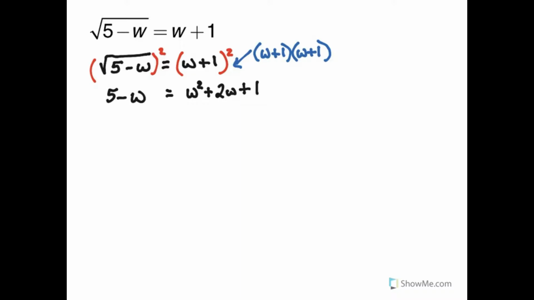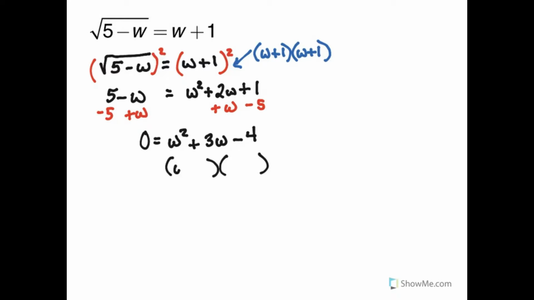Well, let's get everything to one side. We're going to subtract 5 from each side and add w. That's going to give us 0 equals w squared plus 2w plus w is 3w, and plus 1 minus 5 is minus 4. We can factor that quadratic.